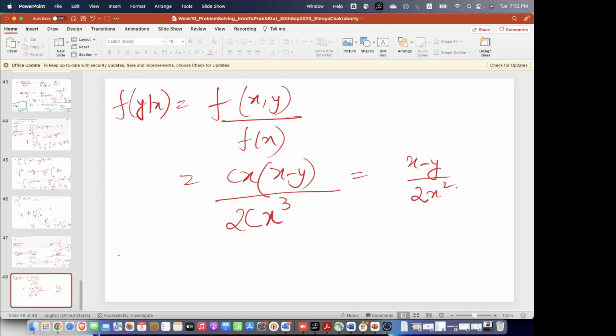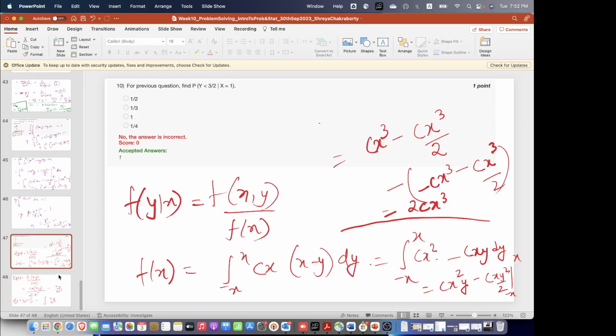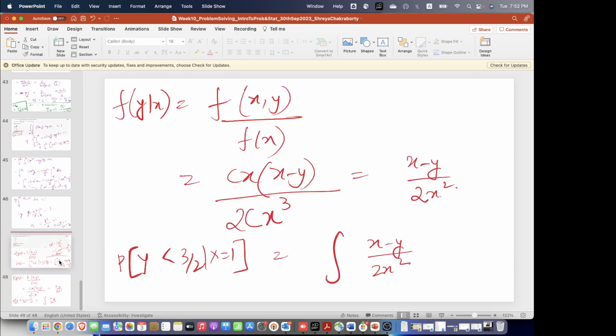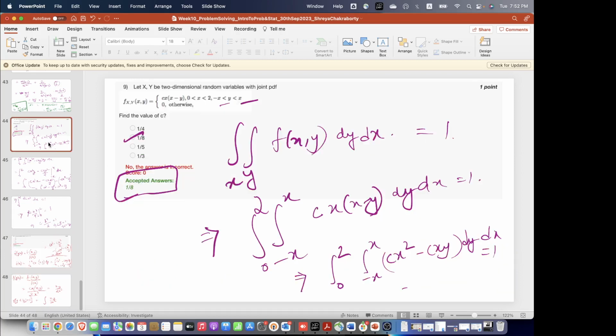Alright, so now probability y less than 3 by 2 given x equal to 1 is equal to, here we have to integrate x minus y by 2x square. So y can range from, what was the given x, y can range from minus x to plus x, right?